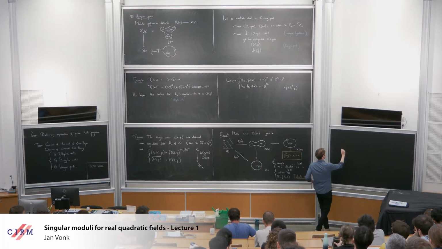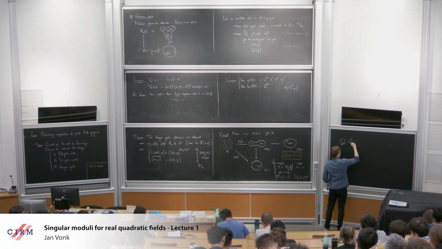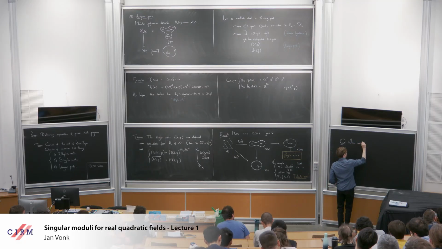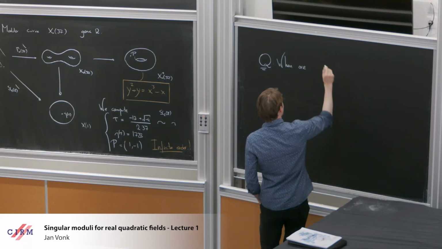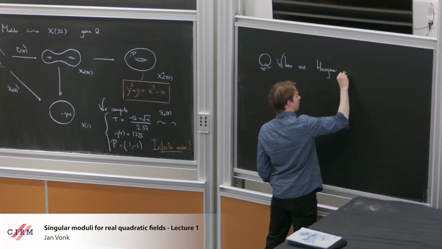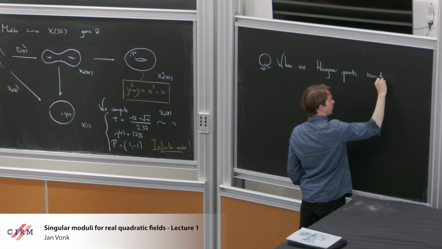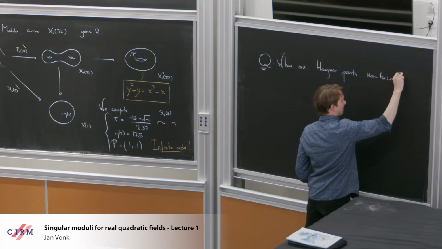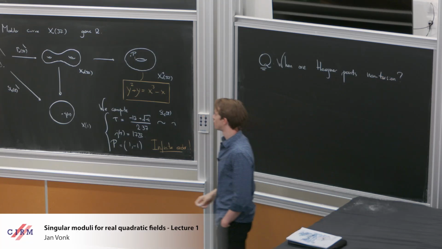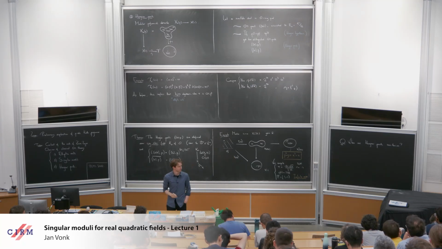So the question is, when are these Heegner points non-torsion? You could ask, when do they generate the full Mordell-Weil group? That's the next question, but let's start with this one. When are they non-torsion?